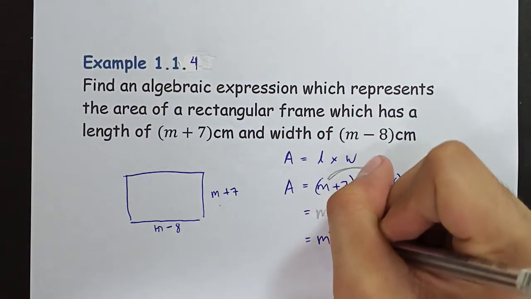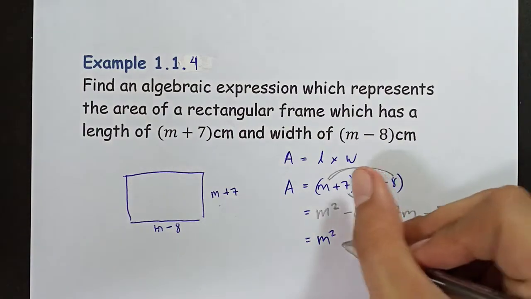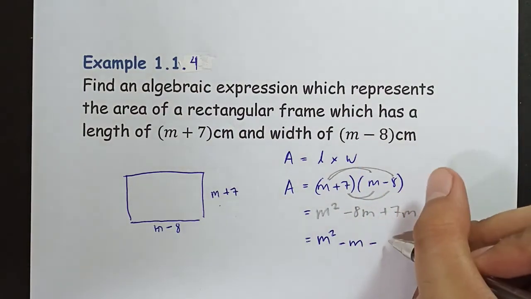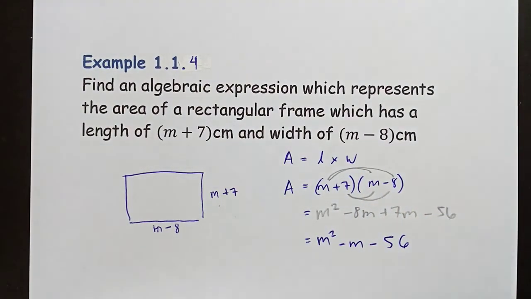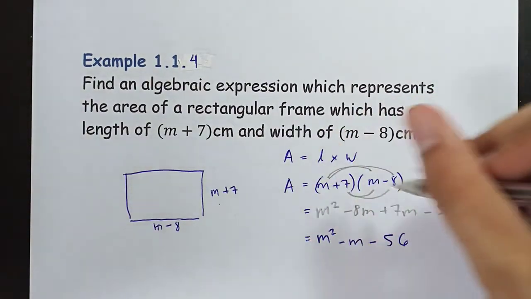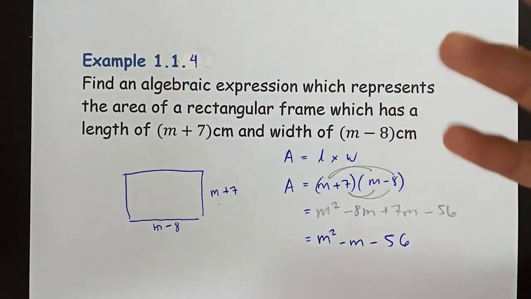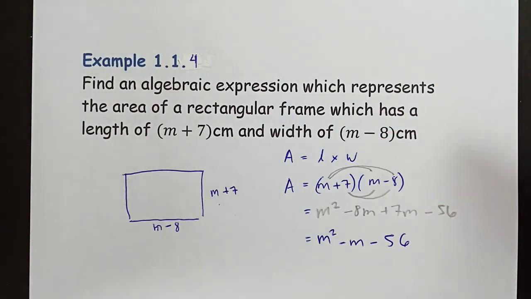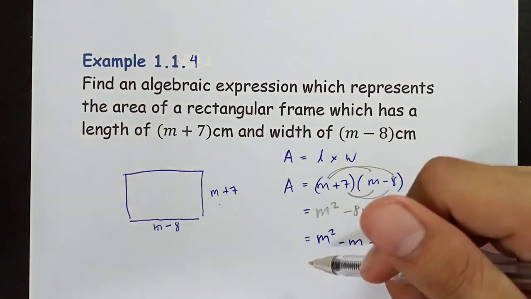We have m squared minus m minus 56. So that is the area of our rectangular frame. Actually, pwede na tong gawing sagot para sa area, but since ang lesson natin is multiplication of polynomials, kaya minultiply pa natin na ganito.